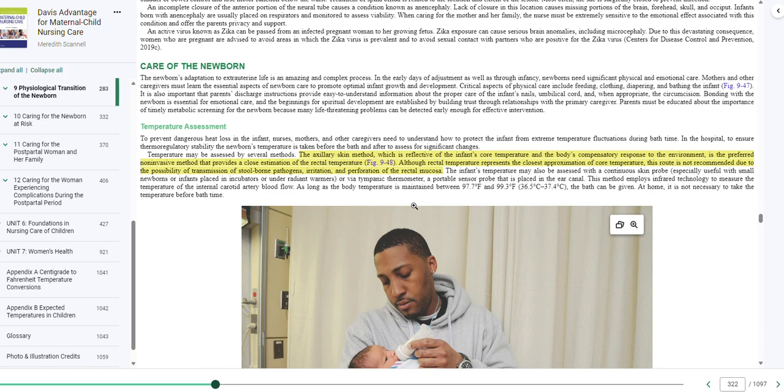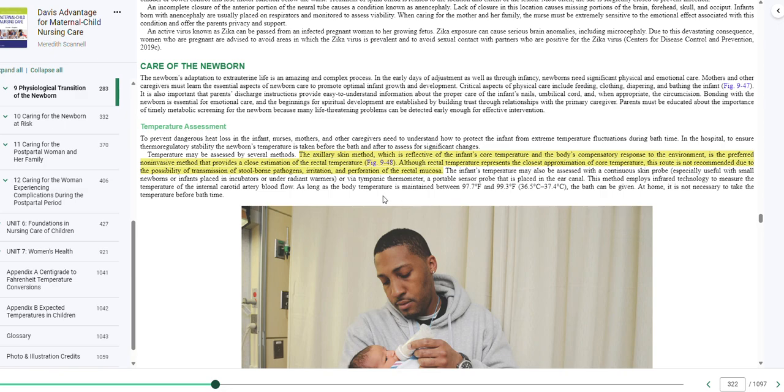The body's compensatory response to the environment, and is the preferred non-invasive method that provides the closest estimation of the rectal temperature. Although rectal temperature is the best, the closest approximation to the core, it's not recommended due to the transmission of stool-borne pathogens, irritation, and of course perforation. Okay? Wink and a lollipop.